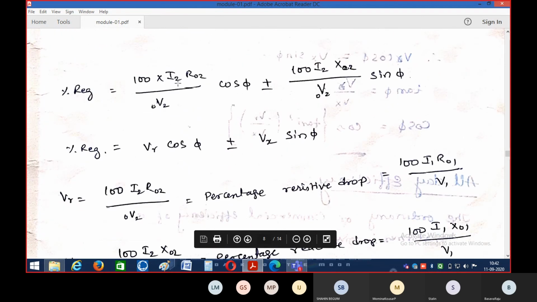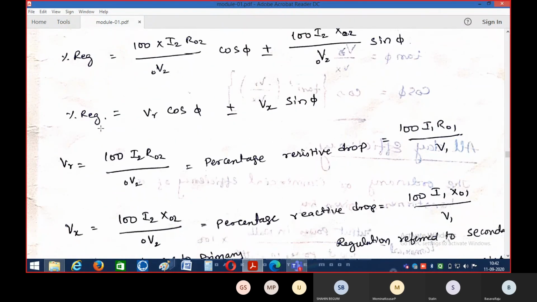Now, whatever this total term is, I am just writing it as VR, where VR is equal to 100 into I2 R02 divided by V20. I am taking it as VR, which represents this total term. So percentage voltage regulation I can write as VR cos phi plus or minus the same total term I2 X02 into 100 divided by V20, which is given by VX.